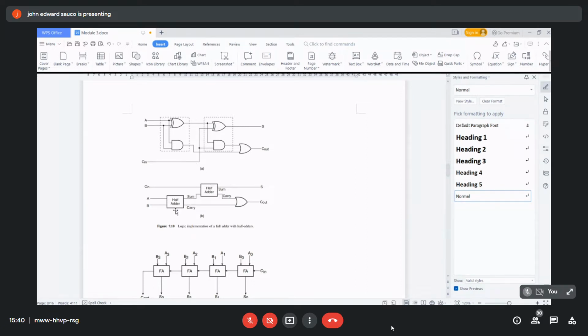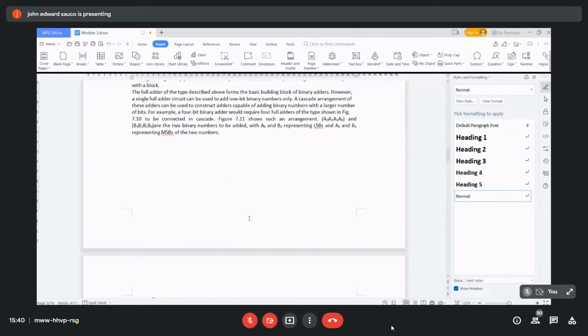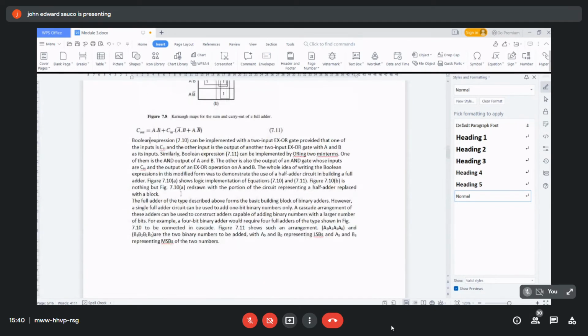Half adder and OR gate is full adder. So, ito yung sinasabi doon na yung use of half adder circuit is the building a full adder. So, ito yung figure A, yung pinakita ko.